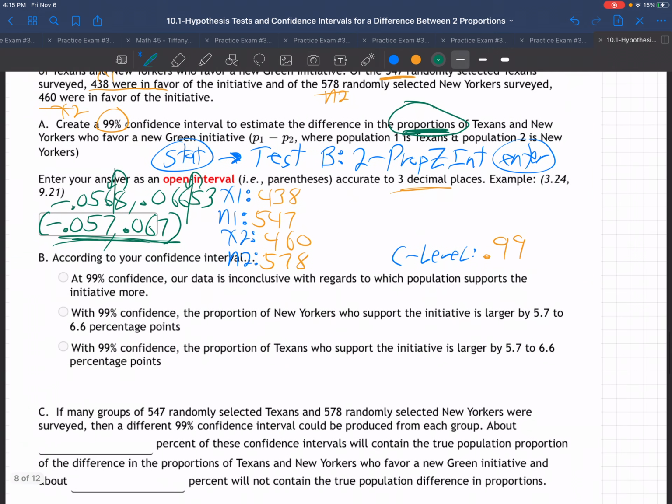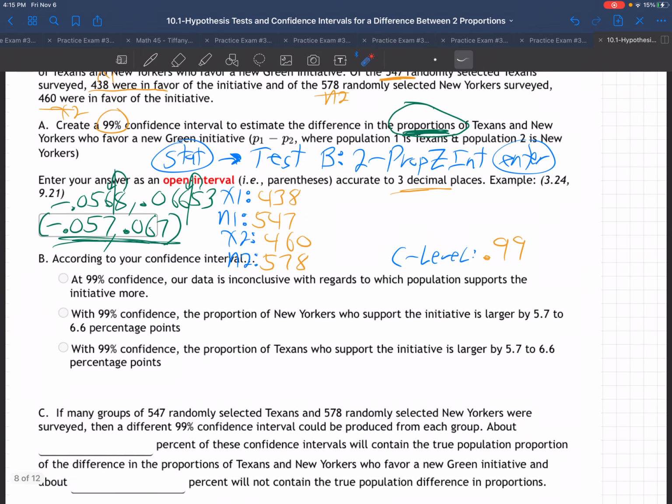Okay, so what does that mean now? Here come the words. According to your confidence interval, at 99% confidence, our data is inconclusive. No, we got a conclusion. With 99% confidence, the proportion of New Yorkers who support the initiative is larger. With 99%, the proportion of Texans who support is larger. Which one's larger?